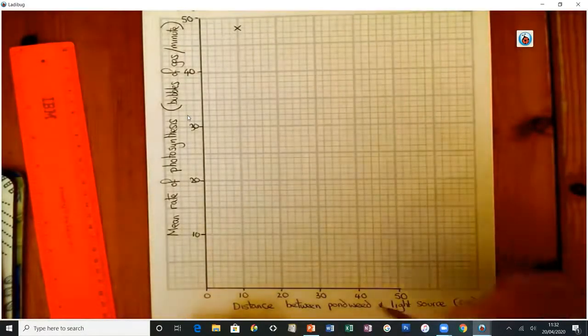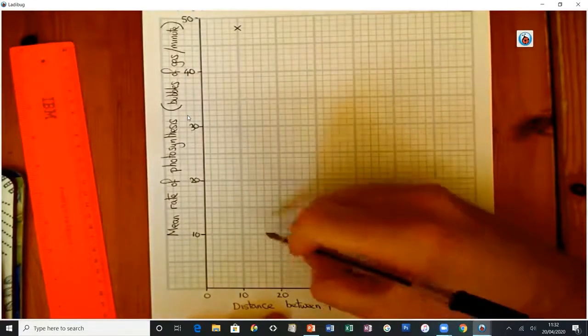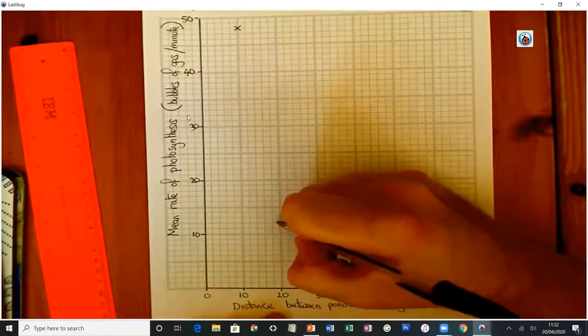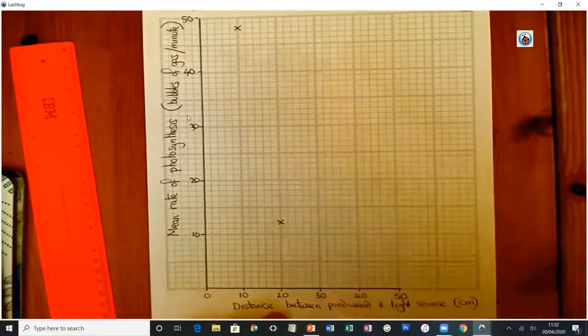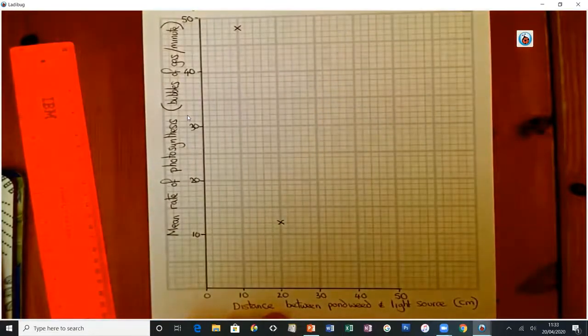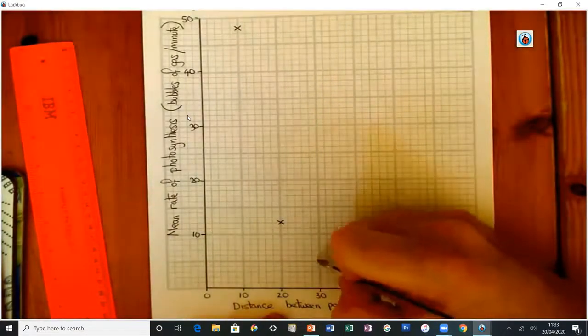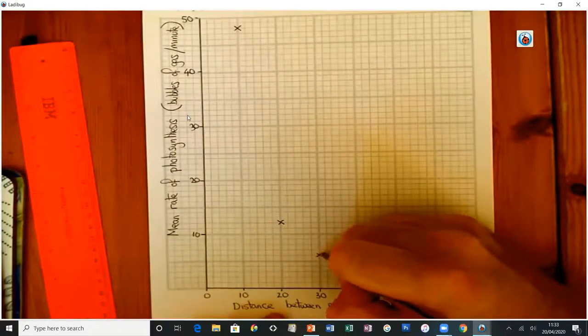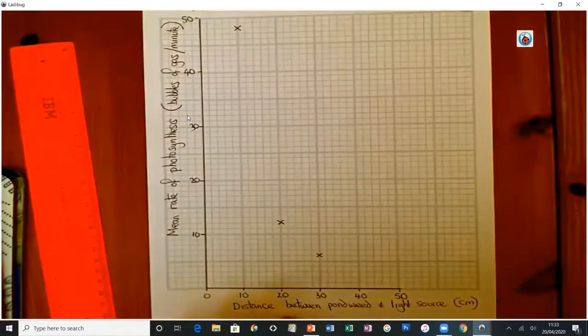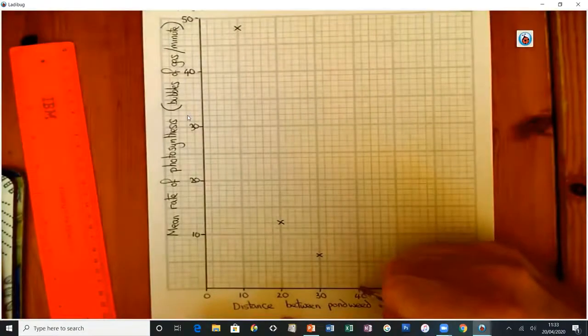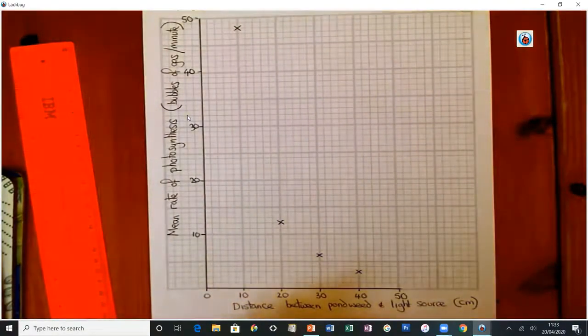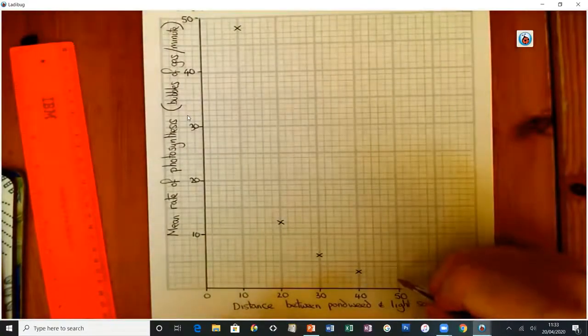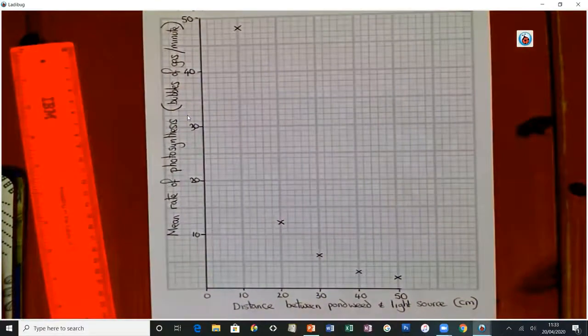At 20 centimeters, we've got 12, so that's 10, 11, 12. At 30 centimeters, we have 6, so that's 5, 6. At 40 centimeters, we have 3. And at 50 centimeters, there are 2 bubbles per minute. So there is our data plotted.